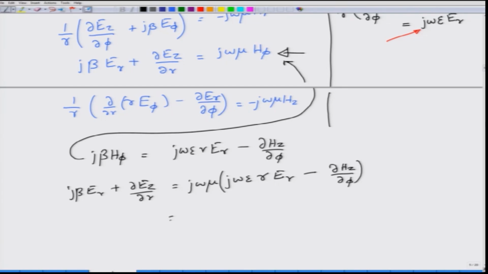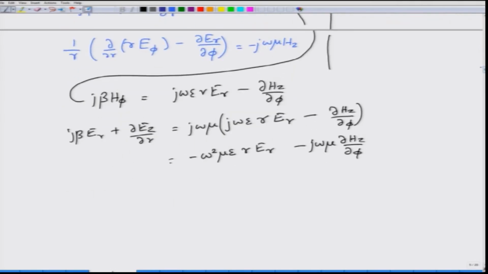Okay. So, if you expand this out, you get minus omega square mu epsilon r E r, and then you have minus j omega mu del Hz by del phi. I can pull this E r onto the left hand side. So, I get j beta plus omega square mu epsilon. There is an r E r here.